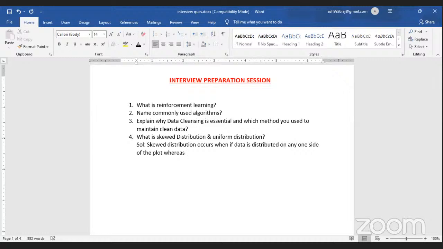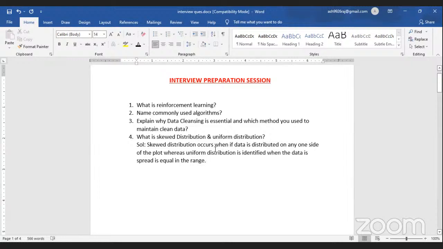Whereas the uniform distribution is identified when the data is spread equally in the range. So skewed distribution is when data is on any one side of the plot, whereas uniform distribution is identified when the data is spread equally in the range.